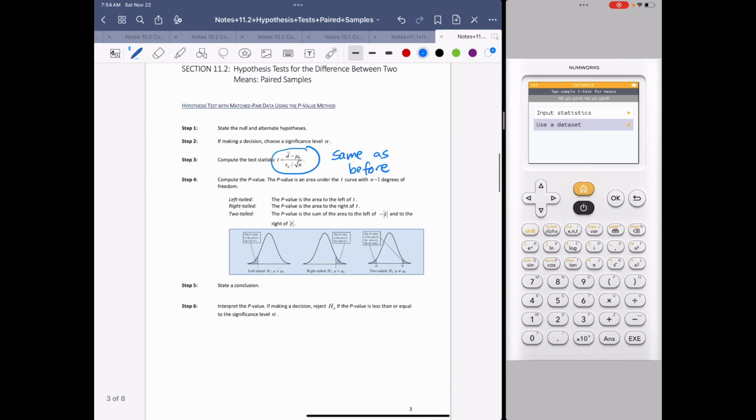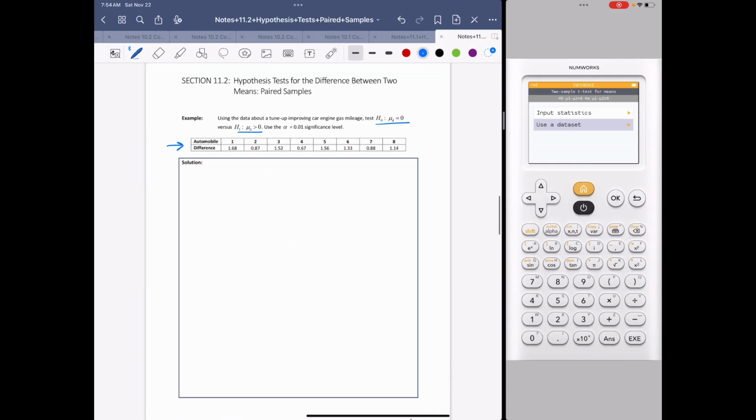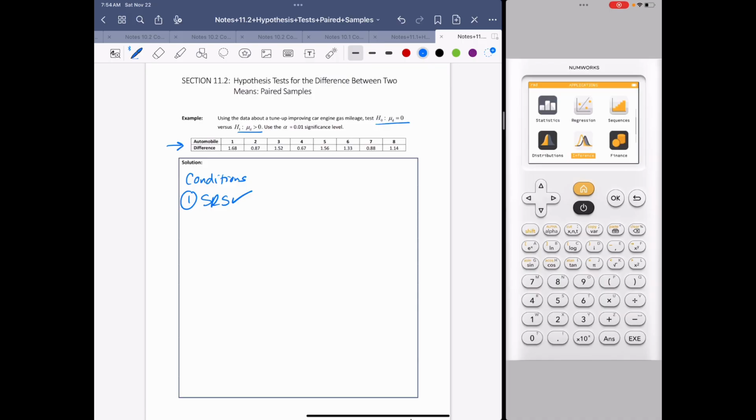All right, so what we're going to do, my conditions, I'm going to do SRS check and type in your data in the calculator. So I'm going to go to my first one, and I'm going to clear out this second one also, just so it doesn't try to graph that one.